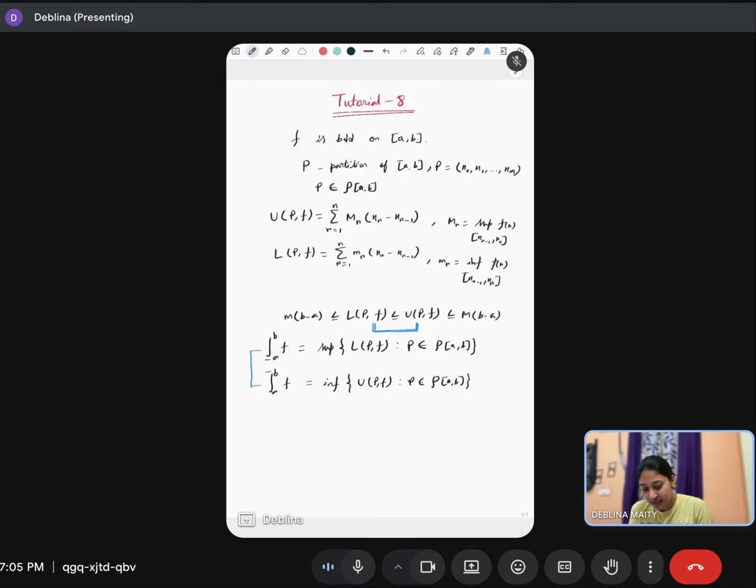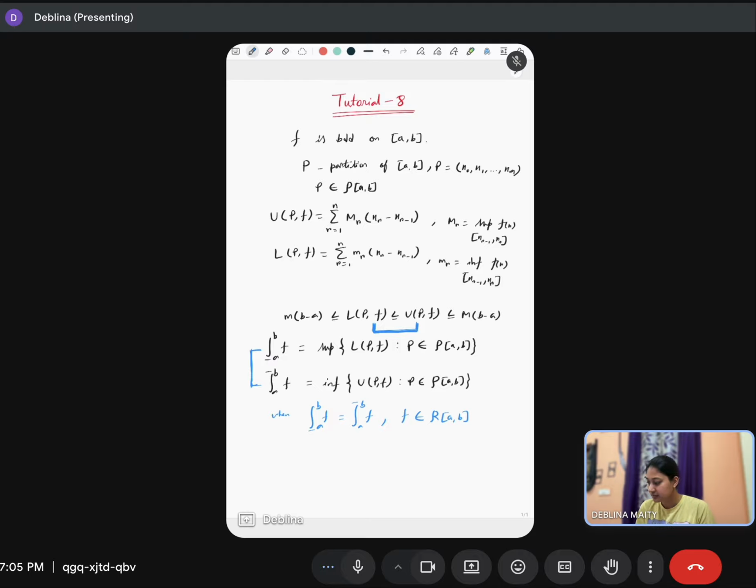So we are making these two closer, and when the upper integral and the lower integral of f are equal, then we say f belongs to R[a, b], meaning f is Riemann integrable in the interval [a, b].